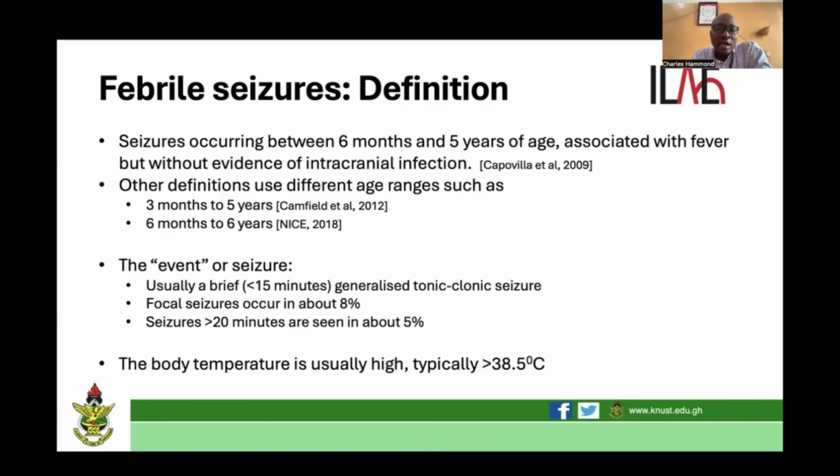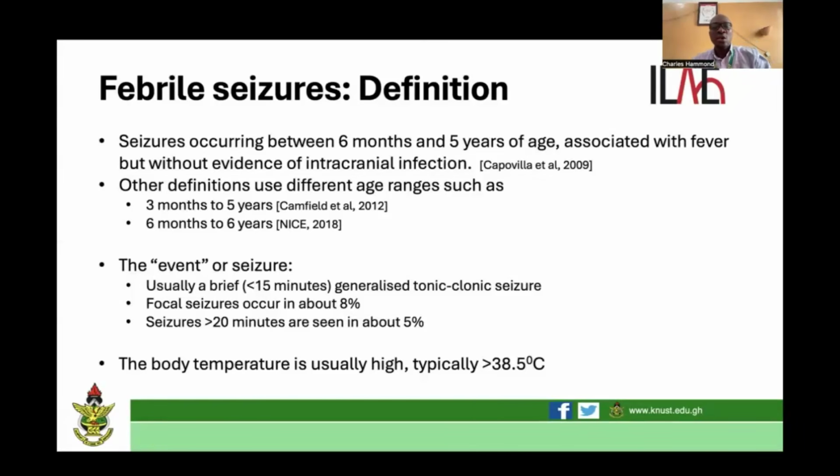As I said earlier, some authors have used different age ranges, such as 3 months to 5 years. Some have used 6 months to 6 years. The most important thing is that it is age defined. There has to be fever, and then there has to be no evidence of intracranial infection.